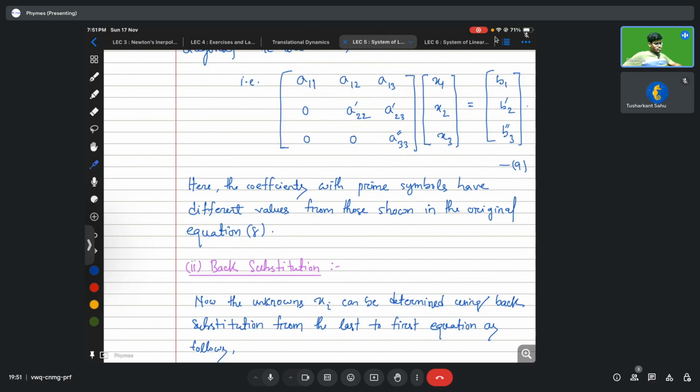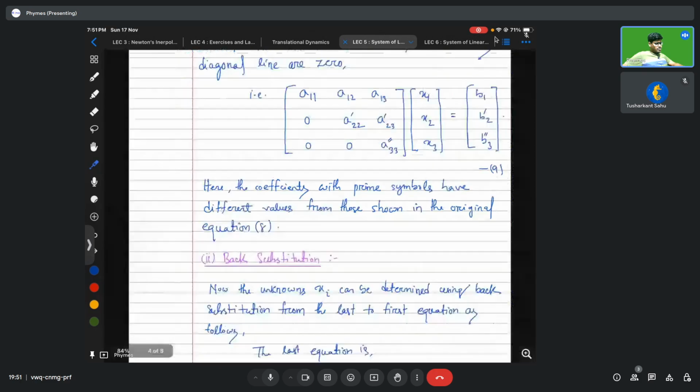Similarly, b1 will remain the same, b2 dash will change, and b3 will also change, and it will change twice. So when we carry out this forward elimination, the elements will change in the coefficient matrix and also in the non-homogeneous part.